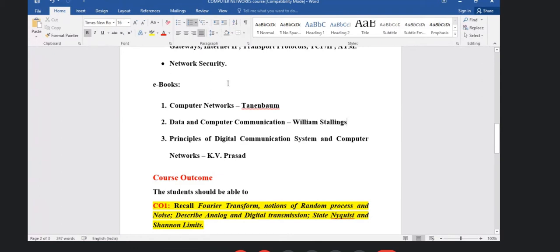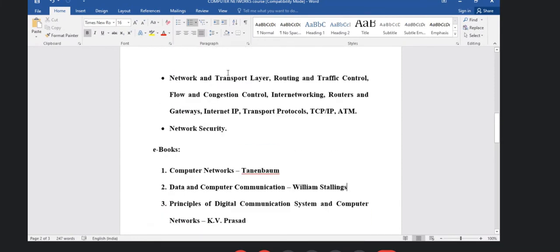If you come to the library, you will also get other books kept in our library. But I hope that these 3 ebooks will be sufficient for you to understand this course. Besides that, I am going to send you notes.